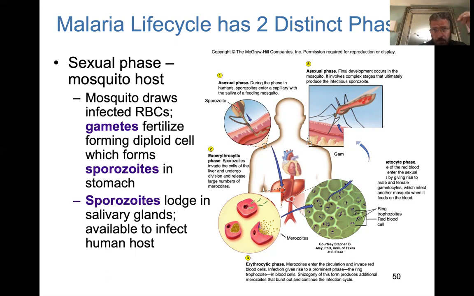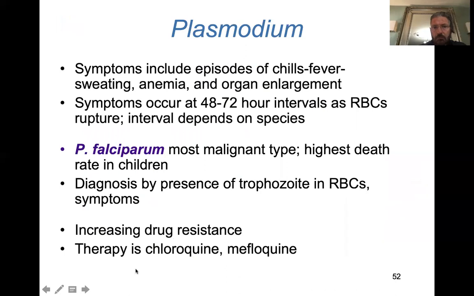We can pump out as much erythropoietin in the kidney as we want to have our bone marrow make more red blood cells, but at some point the body is not able to make enough red blood cells constantly. So they're going to be anemic. Just think about how taxing it is on your body to constantly reproduce red blood cells over and over again. So symptoms occur every 48 to 72 hours.